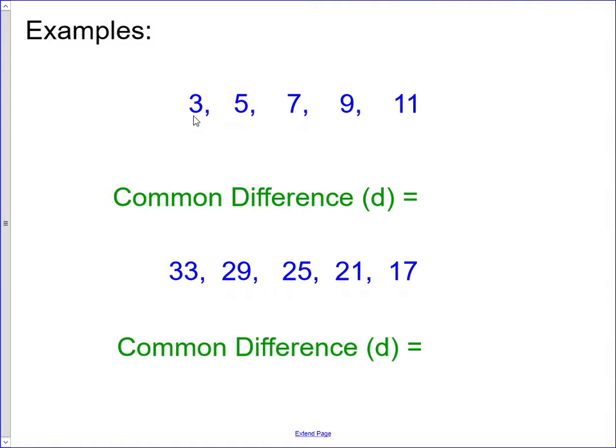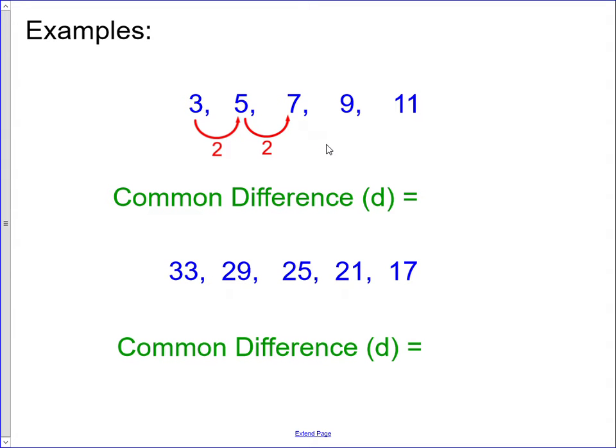Here's a set of numbers: 3, 5, 7, 9, 11. So let's see if there is a pattern to how it's increasing or decreasing. This one is increasing. If we look between the first two numbers, it's going up by 2. If we look at the second set, from 5 to 7, it's also increasing by 2.